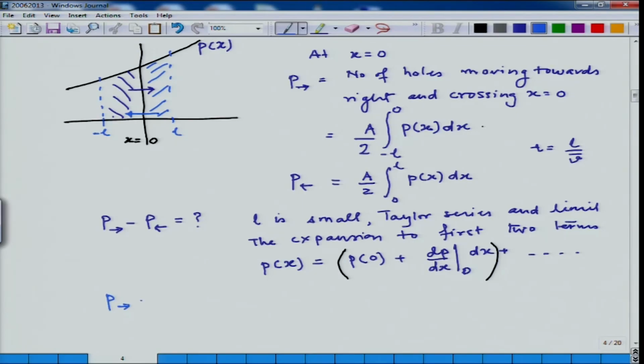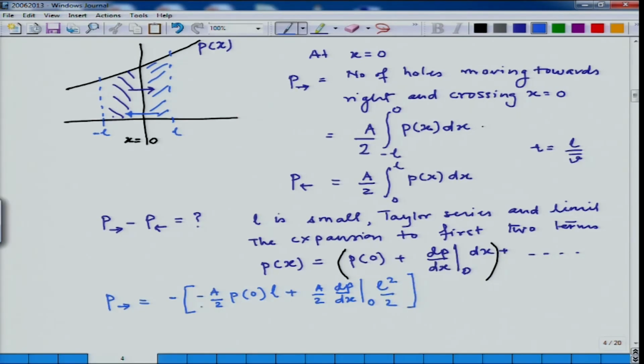So, P going in the right direction, substituting P of x, is going to be given by the integration from negative L, plus for the second part this is going to be A by 2 times the value at 0 times L square divided by 2.